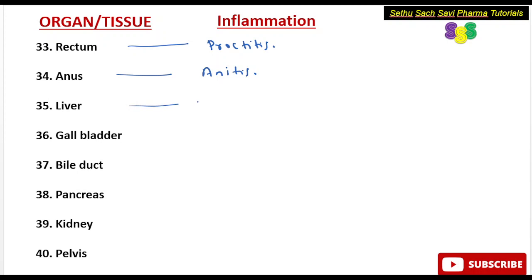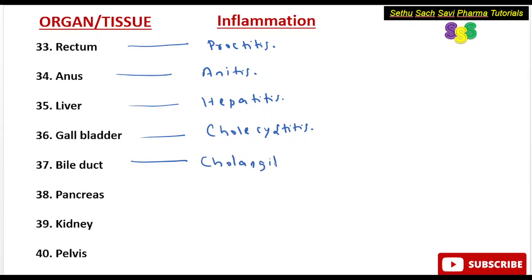Now liver, inflammation of liver is hepatitis, whereas inflammation of gallbladder is called cholecystitis. Now inflammation of bile duct is called cholangitis. So cholecystitis is the inflammation of gallbladder and cholangitis is the inflammation of bile duct.